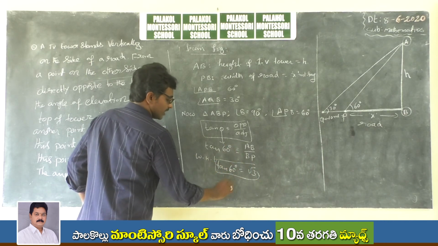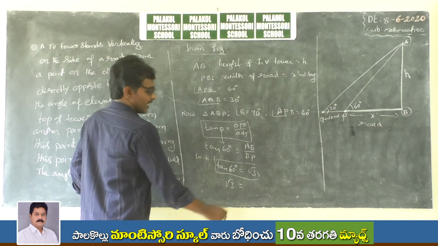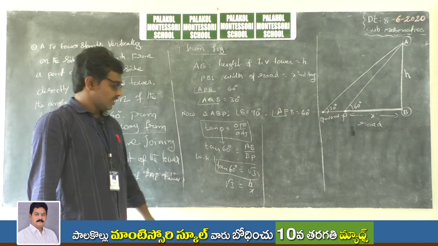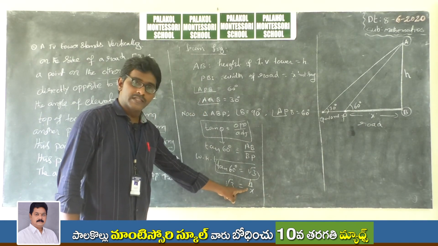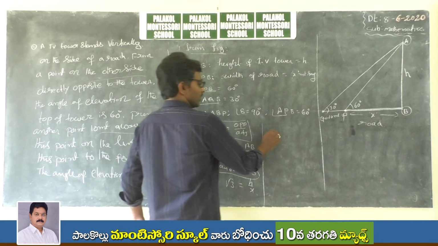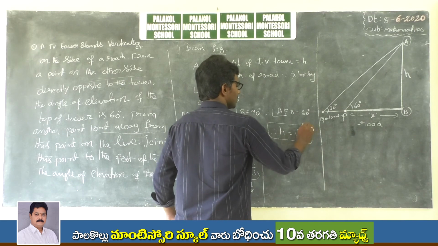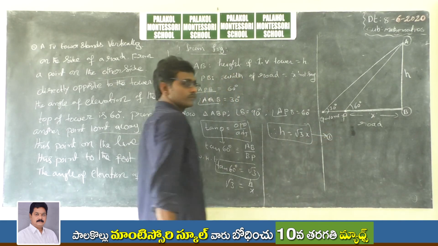Putting this value here, root 3 is equal to H by X. X is divided on this side, therefore H is equal to root 3x. Put it in a box. This is equation 1.